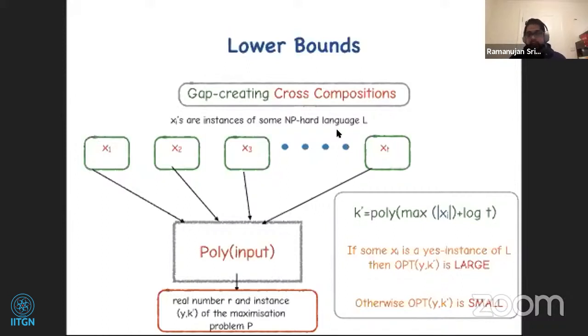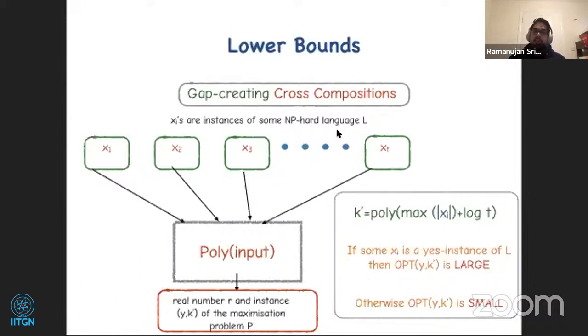So this routine outputs some number R and some instance of, let's say, a maximization problem that you care about. There's an analogous version for minimization problems, such that, again, K prime should be bounded polynomially in the largest of these inputs and log T. T is the number of these inputs, as earlier.